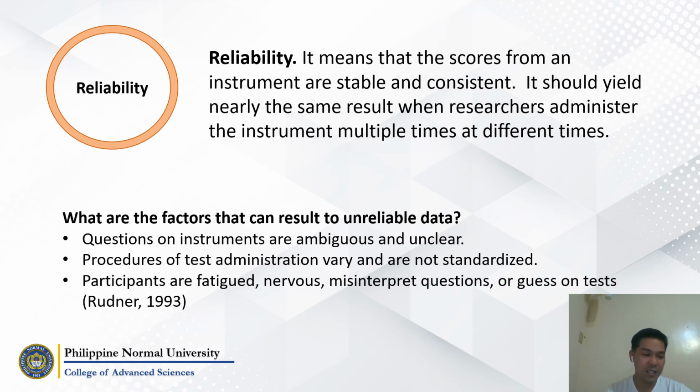Participants, of course, are fatigued or nervous. They tend to misinterpret the questions, and the usual thing that happens is they make guesses on test items. So they just don't want to think anymore; rather, they just answer right away.